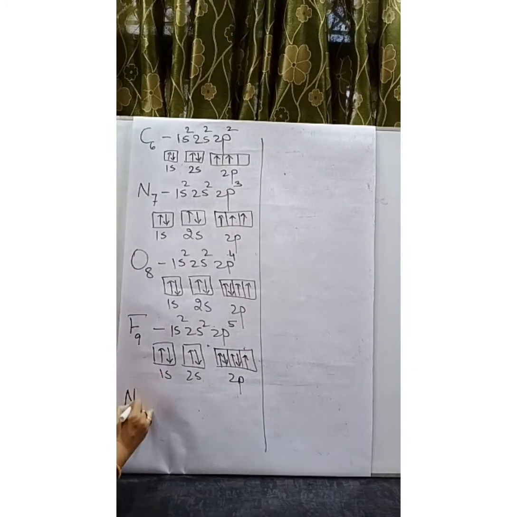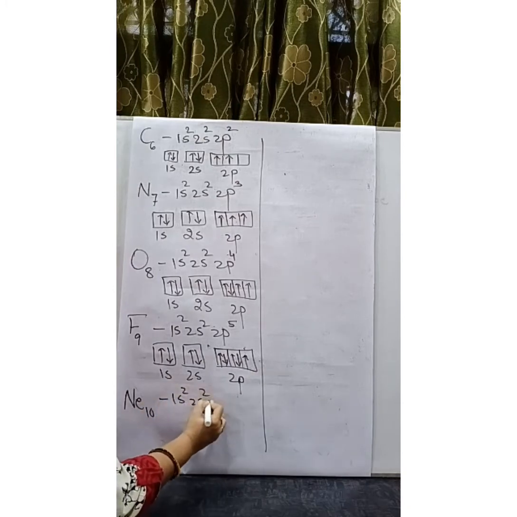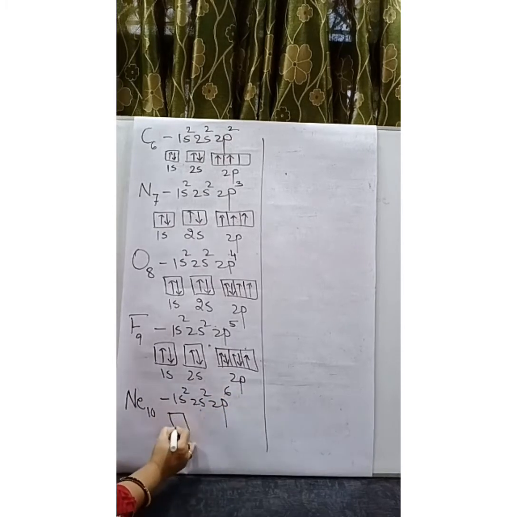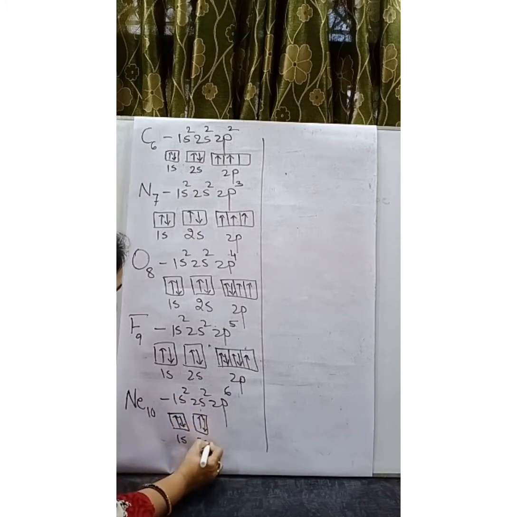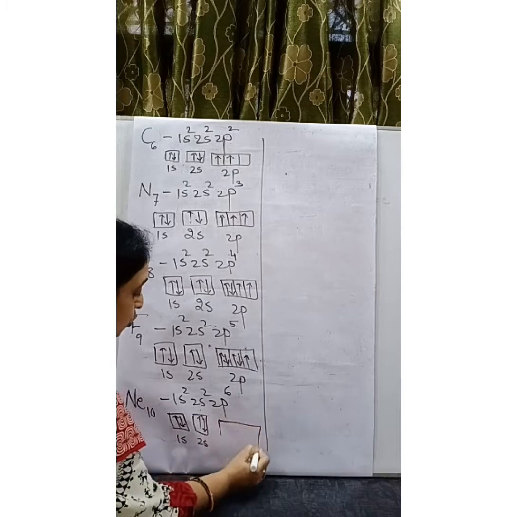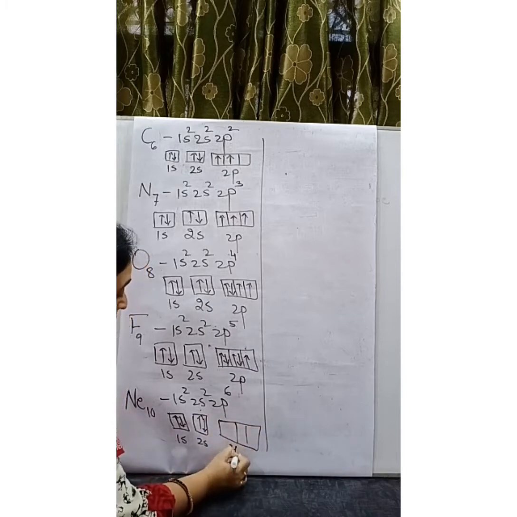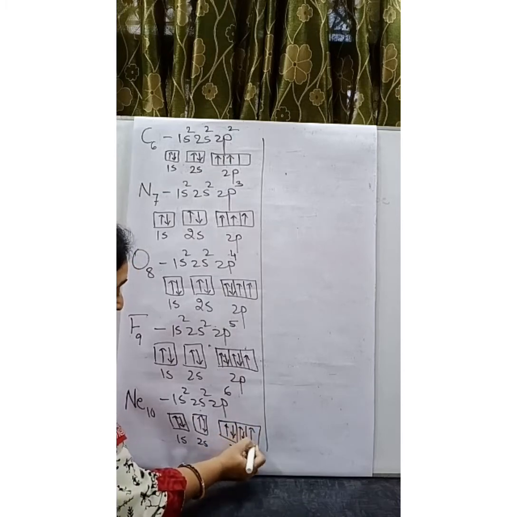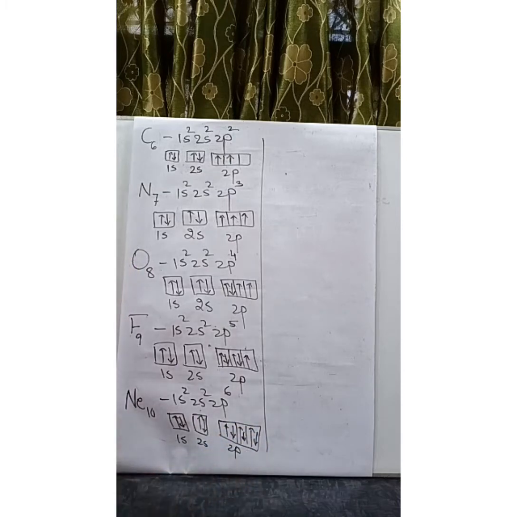Then we have neon, atomic number 10: 1s2, 2s2, 2p6. In the orbital diagram, 1s has 2 electrons with opposite spin, 2s has 2 electrons, and 2p has 6. 1, 2, 3 are singly occupied, now pairing will take place with opposite spin, making 6.